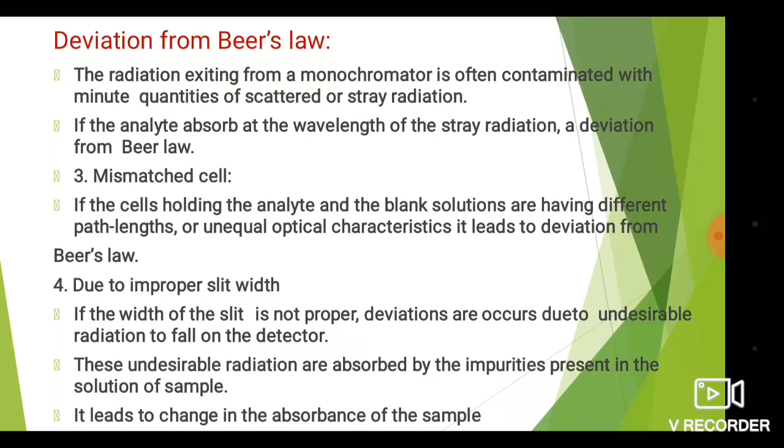These undesirable radiations are absorbed by the impurities present in the solution of the sample, and they show a different absorption than what we are expecting. It leads to the change in the absorption of the sample, so we will get the deviation from Beer's law. So this is about the deviation from Beer's law.